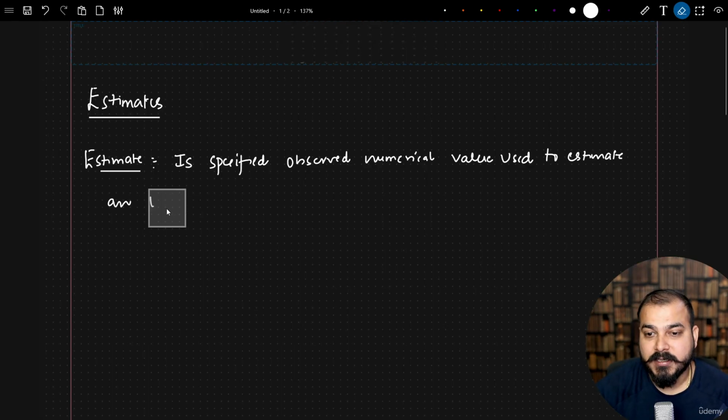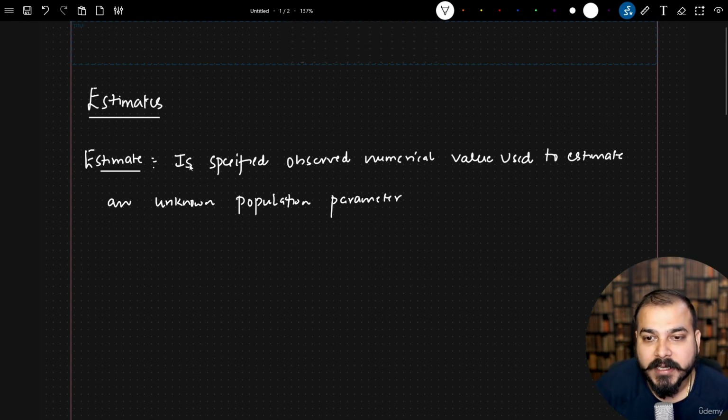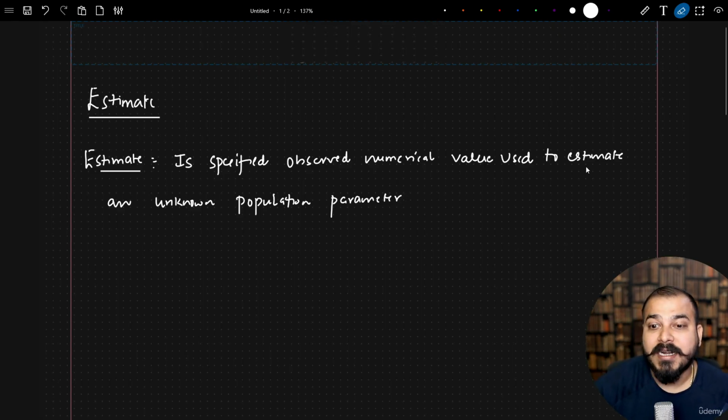This is super important. See this? It is used to estimate an unknown population parameter. So whenever we talk about an estimate, it is a specified observed numerical value that is used to estimate an unknown population parameter.